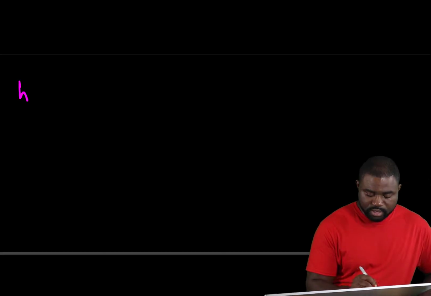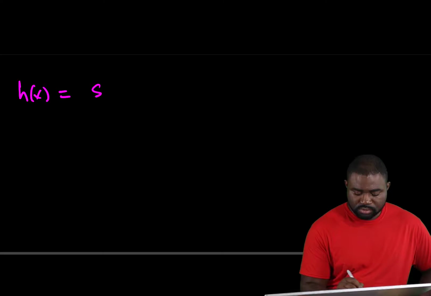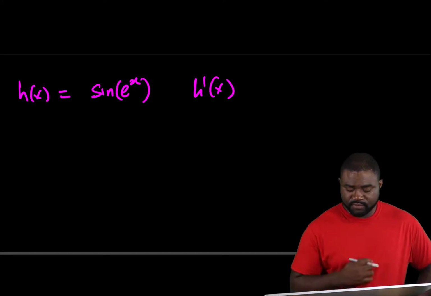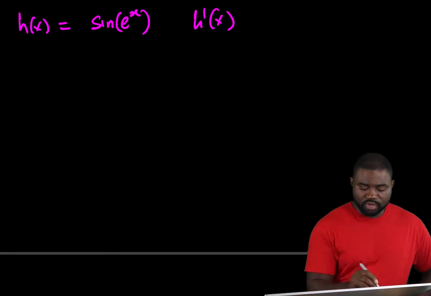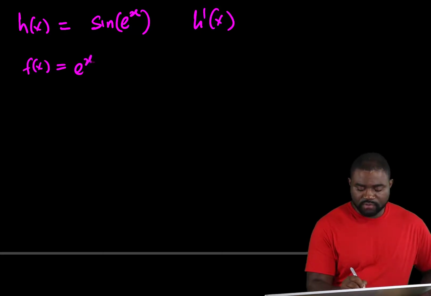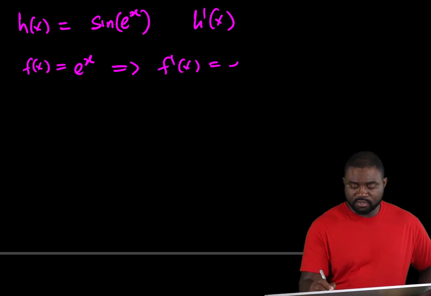Suppose that h of x is equal to sine e to the x. Let's look for h prime of x. In this case, what you can do is let f of x be equal to e to the x, which means that f prime of x is just going to be e to the x.